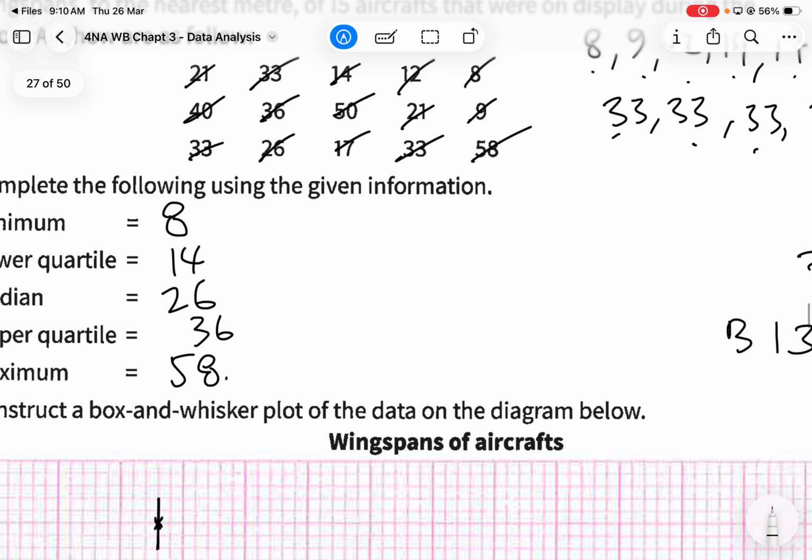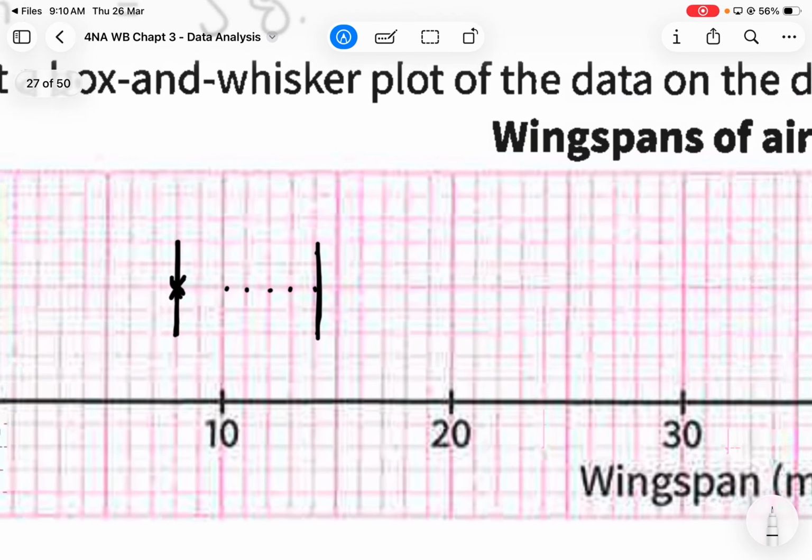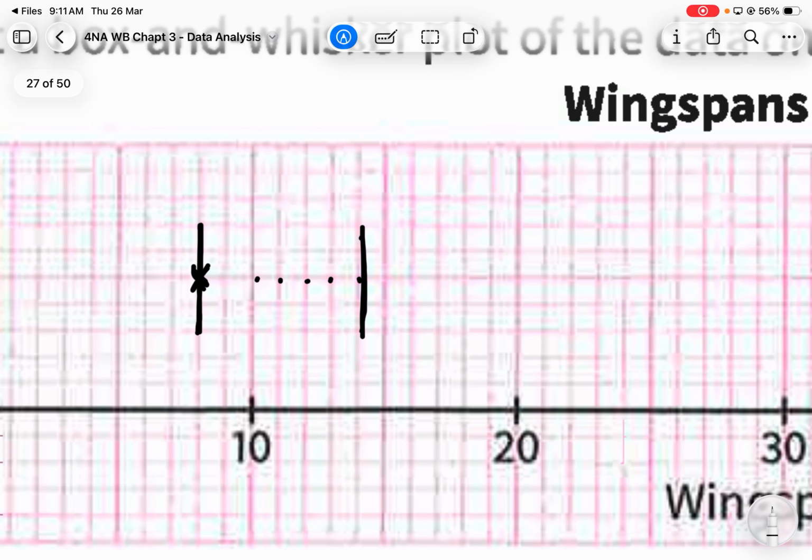So 14, 10, 11, 12, 13, 14. Yes. Draw one straight line also. Okay, for me, I draw 4 small boxes from the middle. So you see, I go to the middle, draw 2 up, 2 down.